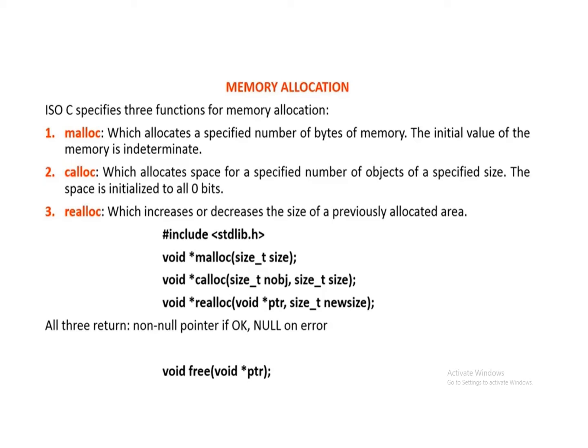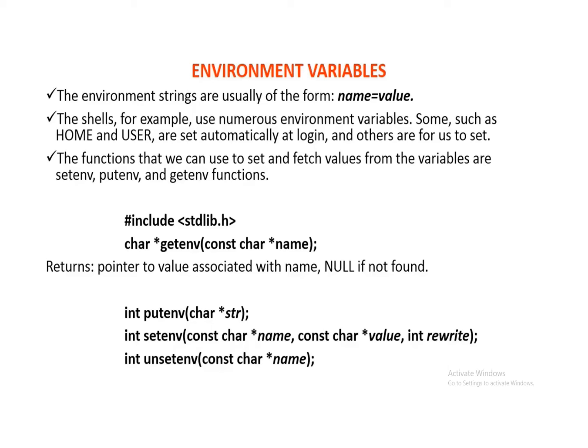All three return a non-null pointer if it is okay, that is the allocated memory location address. Otherwise they return null on an error. Then void free is used to release the memory which has been allocated by malloc, calloc, and realloc.